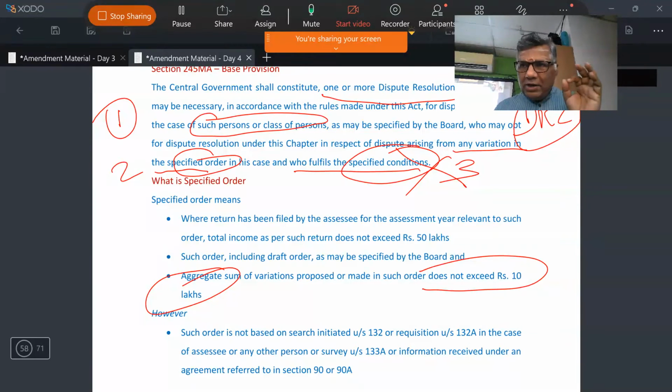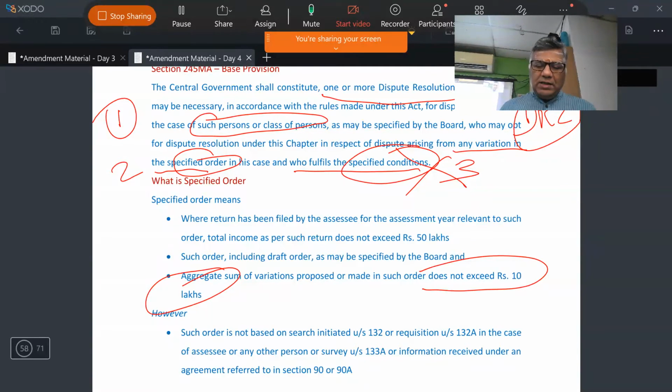Which order cannot be applied with DRC? That is, you cannot tap the doors of dispute resolution.